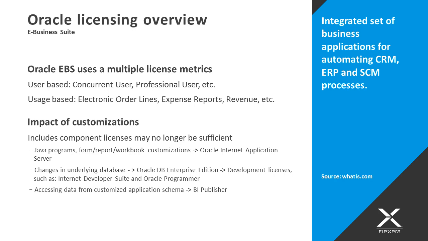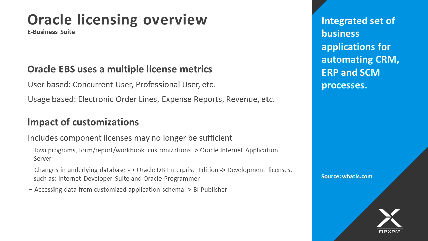And what's very important in terms of eBusiness Suite and other applications is what happens if you take EBS, you implement it in your environment, and decide to make any changes. There are a number of components, things like Oracle Internet Application Server, Oracle Database, Business Intelligence.